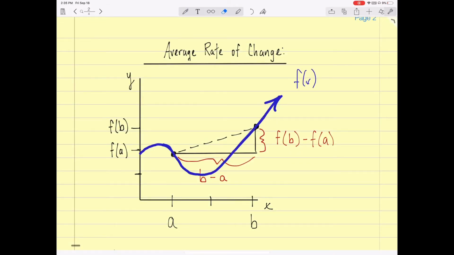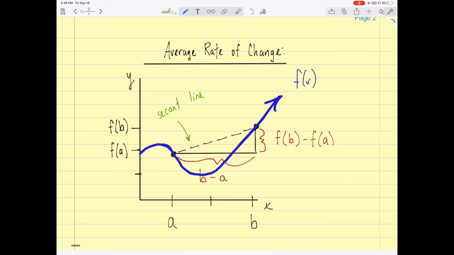Next topic we'll look at is the average rate of change. So the average rate of change is the change between 2 points on a graph. So in this picture, this dashed line represents the average rate of change, and we call that the secant line.